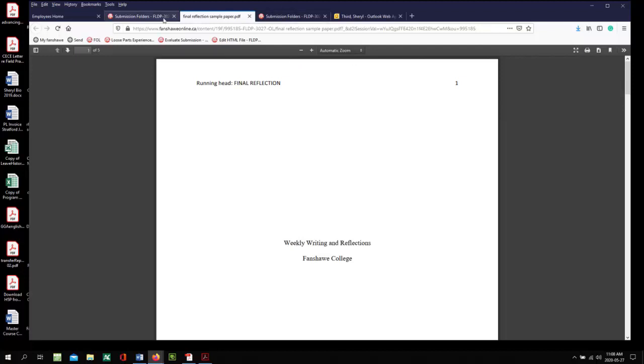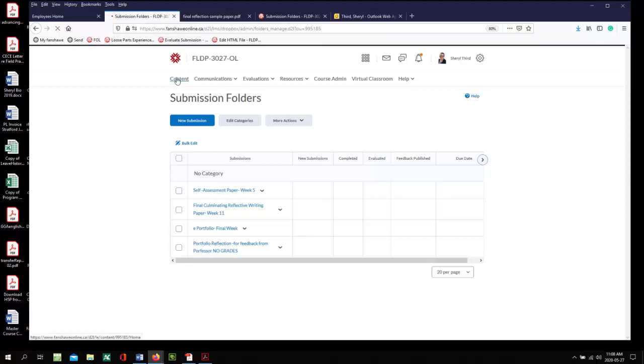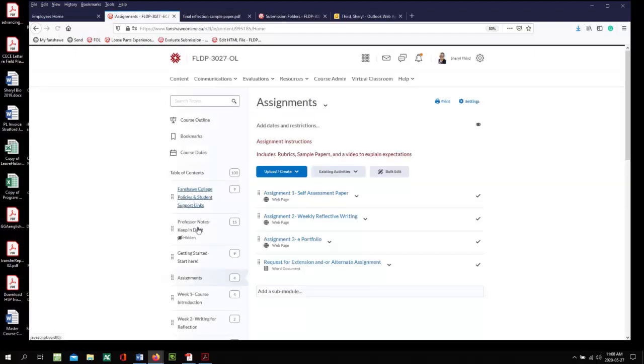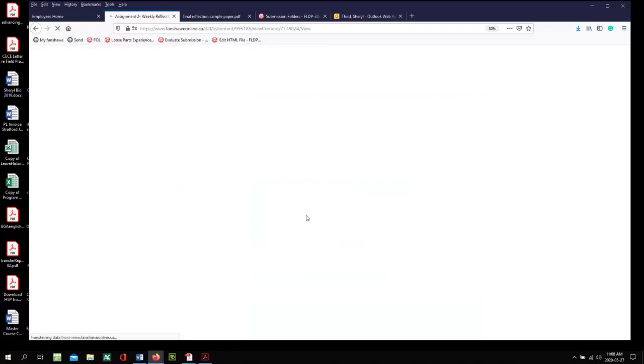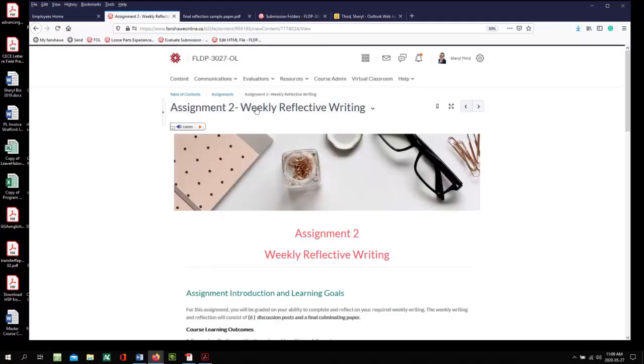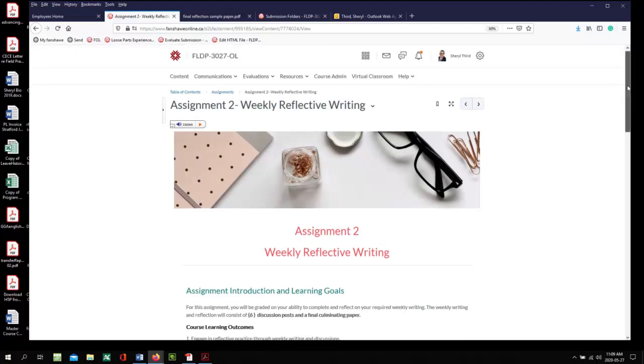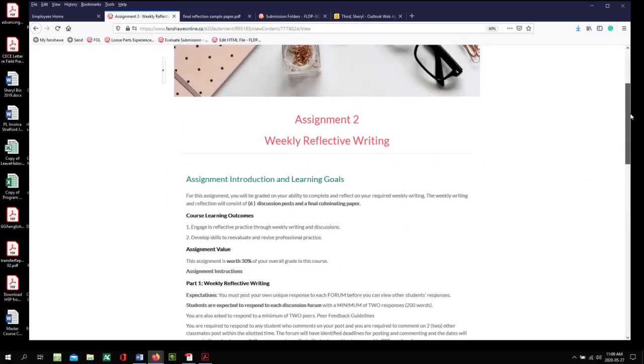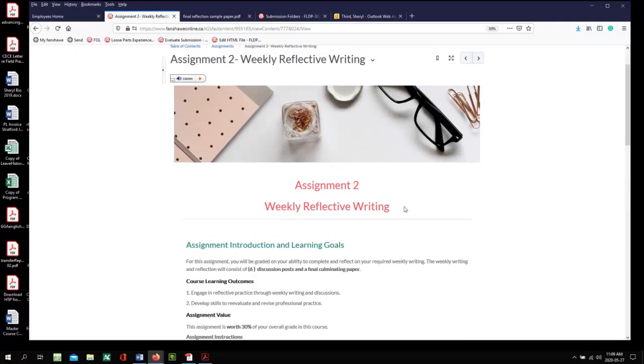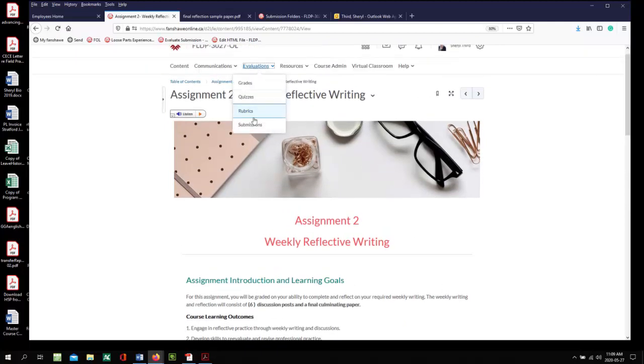Again, you'll find under content, assignment tab, assignment 2, weekly reflective writing. It's something that you do throughout the course starting in week 2. This final paper is due week 11. If there are any discrepancies with the due date, you always look to the submission folder. There is a sample.